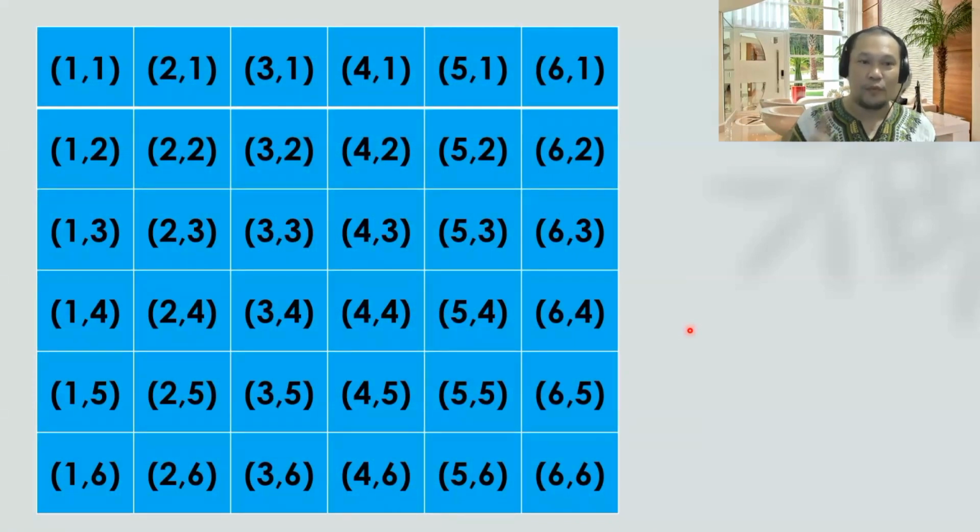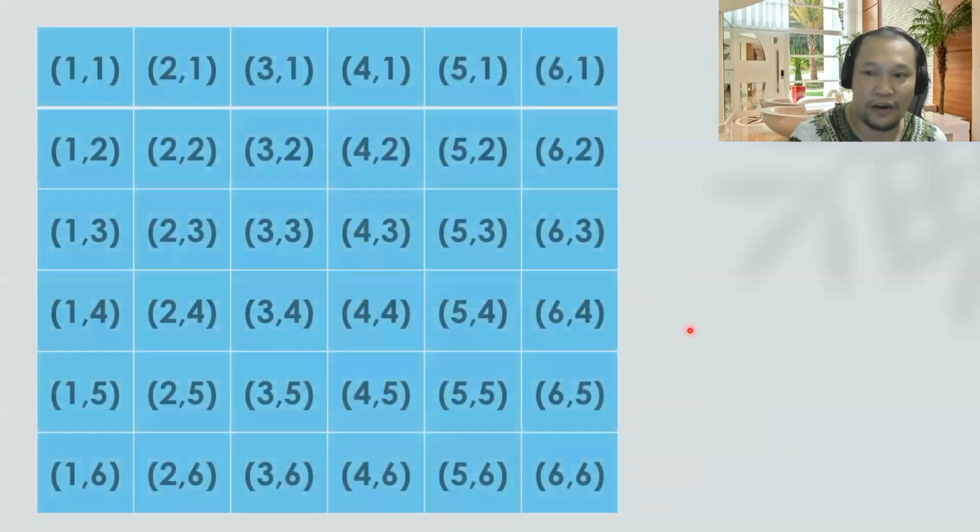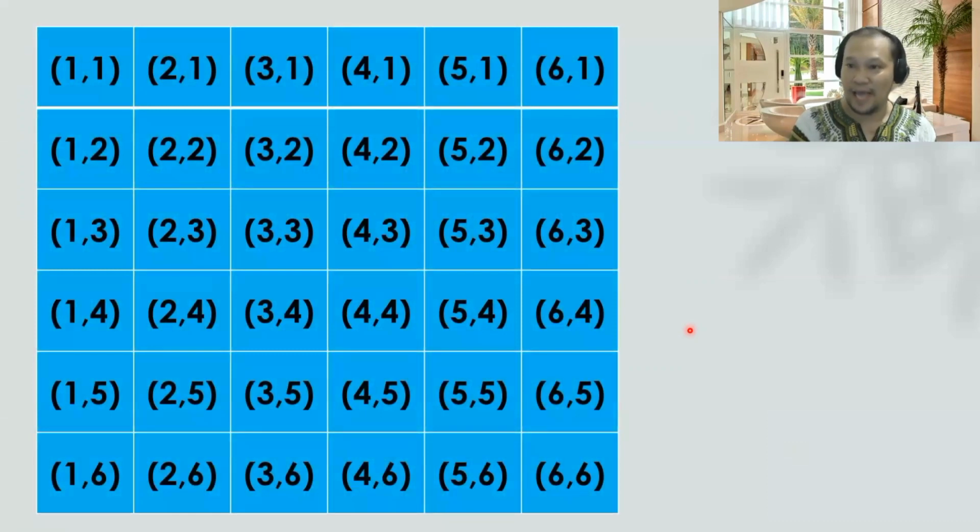Therefore, we have 1, 1. Or we can have 1, 2, or 1, 3, 1, 4, 1, 5, 1, 6, since you have a pair of dice. Therefore, the possible outcomes are 36 outcomes.